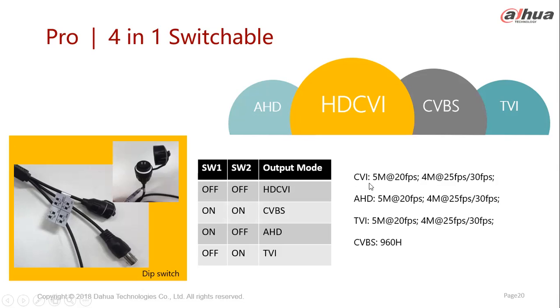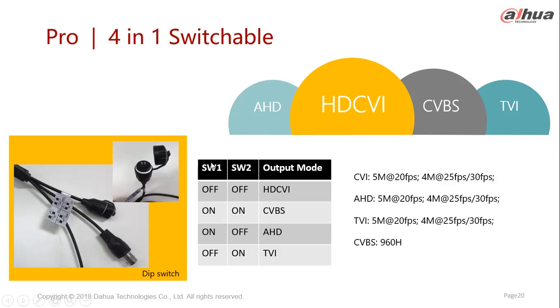In the case of CVI, you can do 5 megapixels at 20 frames per second, or 4 megapixels at 25. The same applies to analog HD. If you do CVBS, you get a lower quality. So it's about which interface or which video signal you are going to get from this camera.